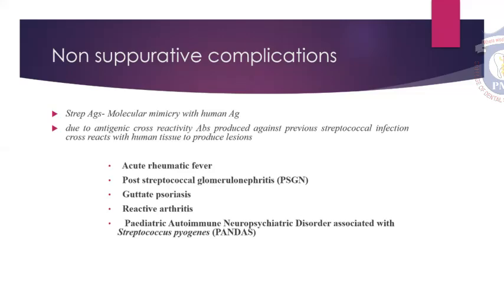That is, the streptococcal antigens show molecular mimicry with human antigens. Non-suppurative complications include acute rheumatic fever, post-streptococcal glomerulonephritis, guttate psoriasis, reactive arthritis, then pediatric autoimmune neuropsychiatric disorder associated with Streptococcus pyogenes, otherwise called PANDAS.